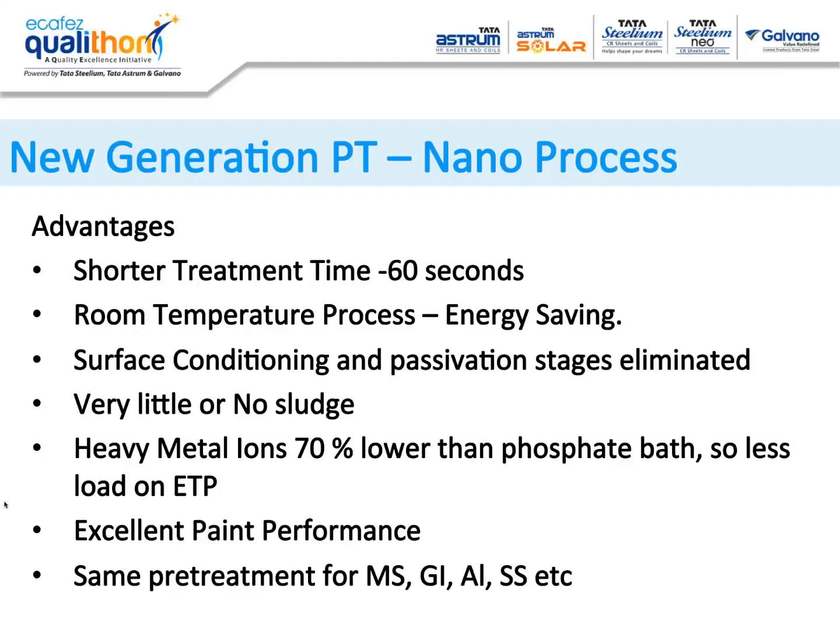So naturally your process is very flexible here, and you don't need to heat it up. You can literally achieve this in 60 seconds or even less at room temperature. So that is energy saving.